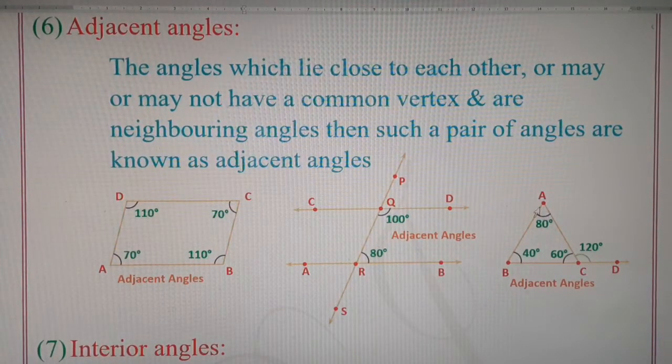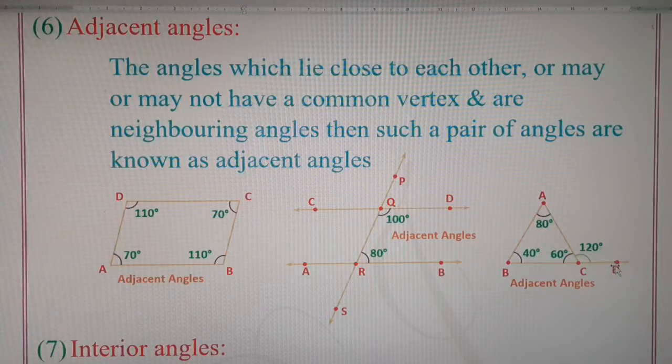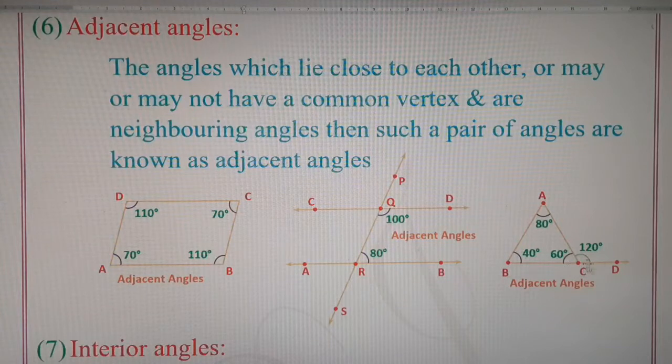Here in this diagram, triangle ABC is given and its interior angles' measurements are given. Angle A is 80 degrees, angle B is 40 degrees, angle ACB is 60 degrees, and angle ACD is 120 degrees. So here angle ACB and angle ACD are called neighboring angles because they also form a linear pair, children, because we know that in a linear pair of angles, the two angles lie on a straight line.